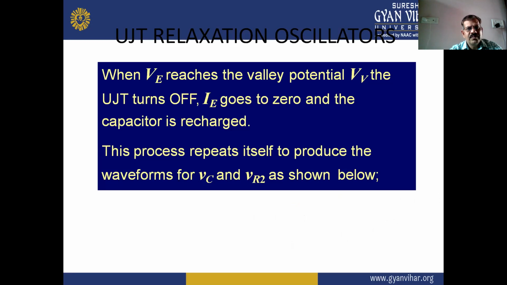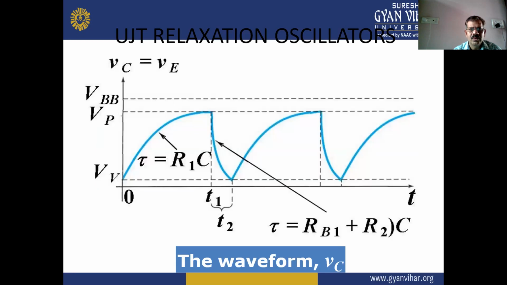So when VE reaches the valley potential VV, the UJT turns off and the emitter current IE goes to 0 and the capacitor is recharged. This process repeats itself to produce the waveforms for VC and VR2 as shown below.